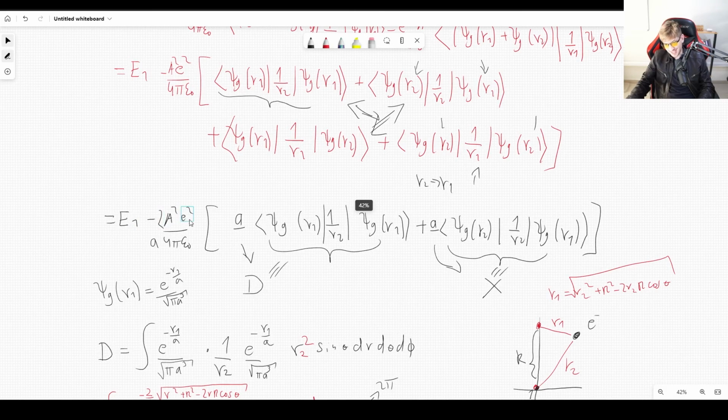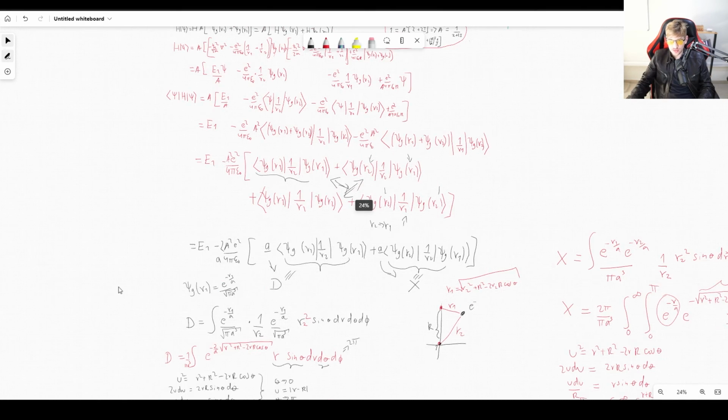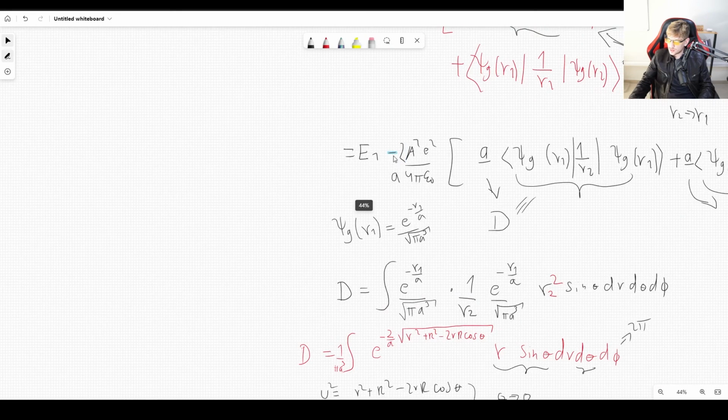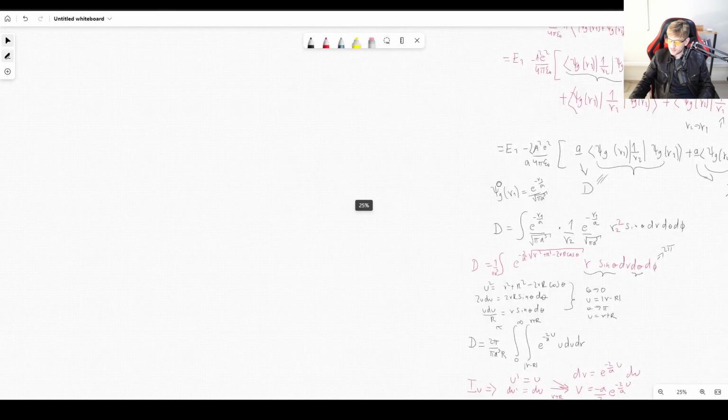But we aren't done yet. So now we have to do the rest. We have to put everything together. So I'm going to do it to the side. So the expectation value of the Hamiltonian, this is E1 minus, then what do we have? Let me go back. We have 2a squared e squared.